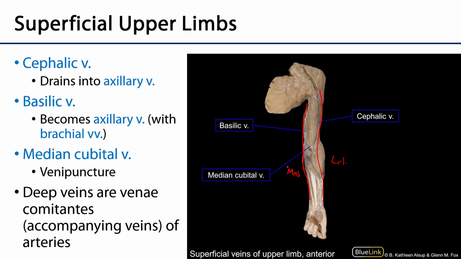There's tremendous variation here. There is a frequently present vein called the median cubital vein, which represents an anastomosis between the cephalic and basilic veins. The median cubital vein is an excellent site for venipuncture.